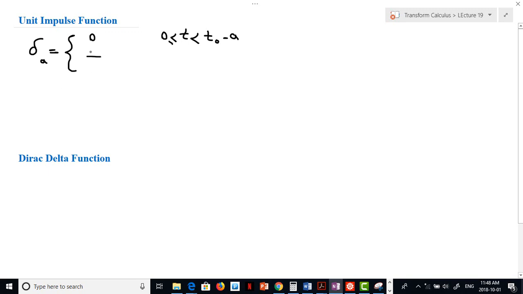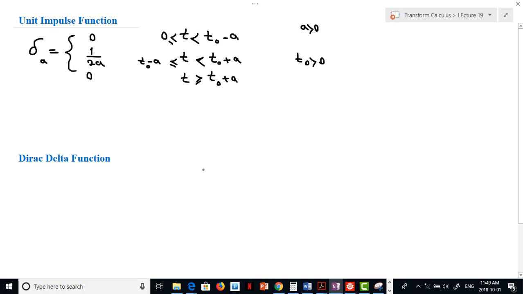It's equal to 1 over 2a when t is greater than or equal to t0 minus a and less than t0 plus a, and again it's equal to 0 when t is greater than or equal to t0 plus a. In this case, a and t0 are both positive.